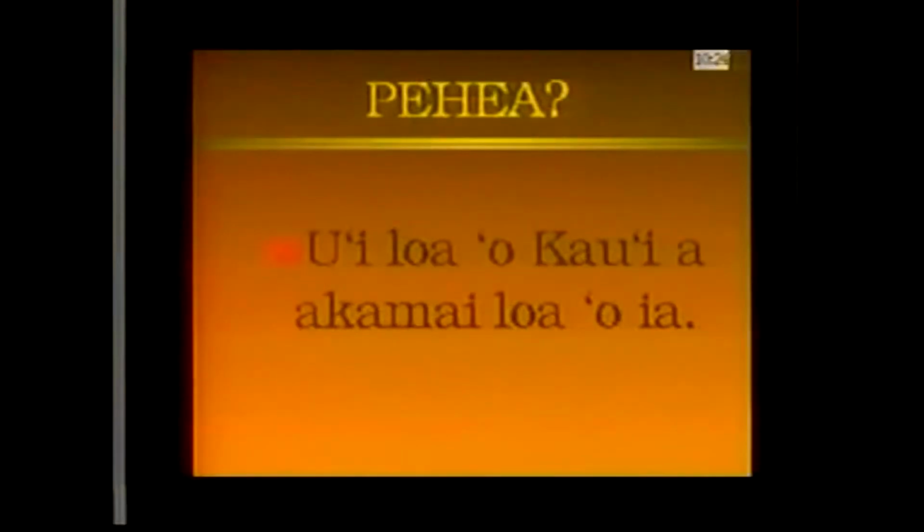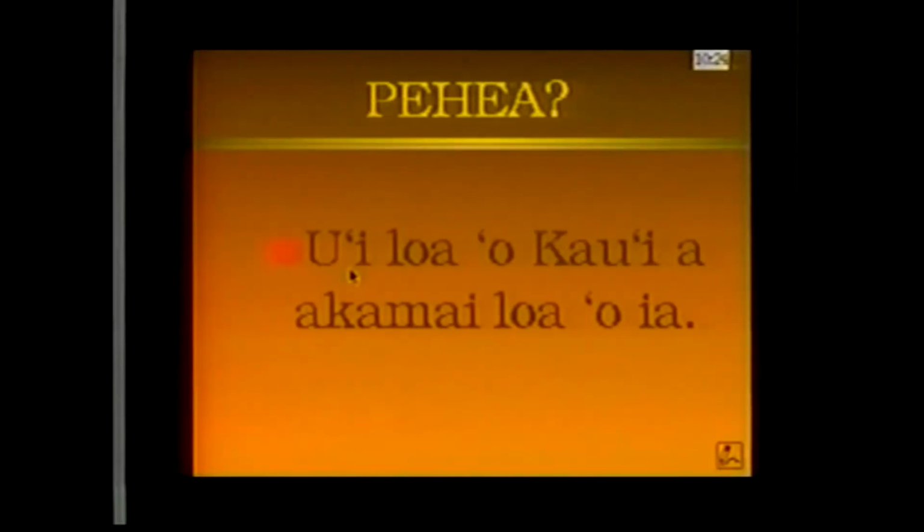Okay, let's take a look at what happens when we use a name, okay? Ui loa o Kaʻui, ʻakaʻaka mai loa oia. Okay, we heard that in our little vignette. Okay, here's Kekoa trying to give every reason why Kunani would give a gift to her, because ui loa o Kaʻui. Ui, okay, ui, another word for nani, okay.